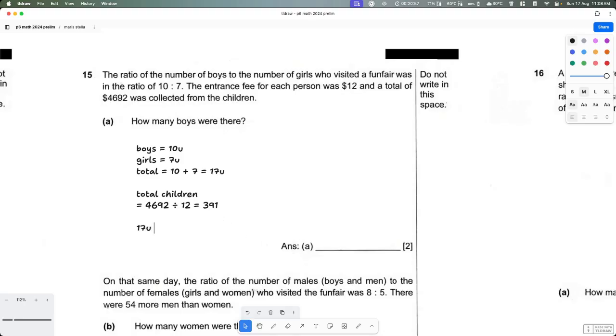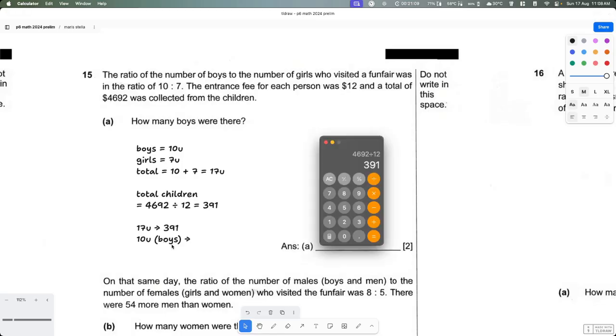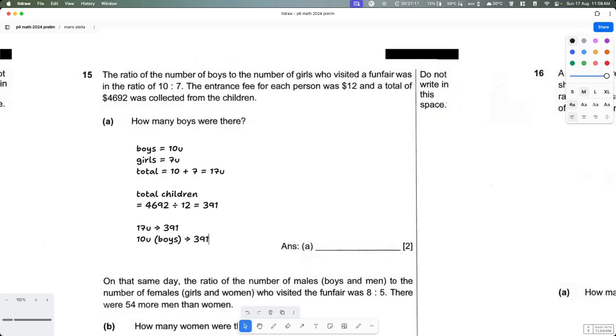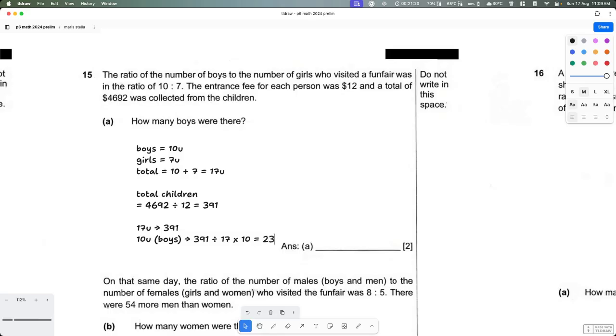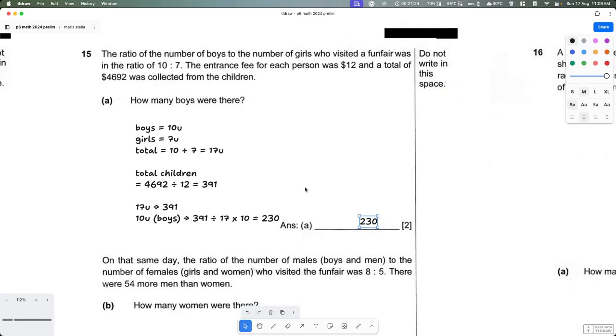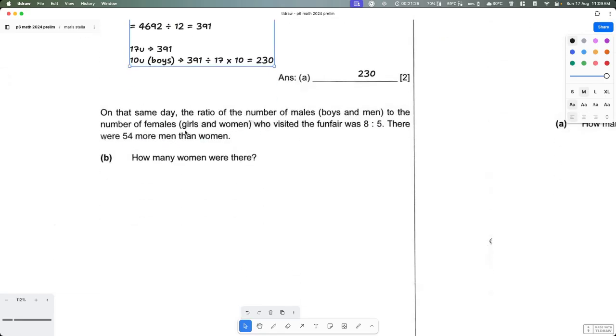So that means 17 units is equal to 391. Okay, then how many boys were there? So 10 units, or boys, is equal to 391 divided by 17 times 10, which is 230. Okay, there you go. So that's the answer. Okay, let's move to the next question, part B.